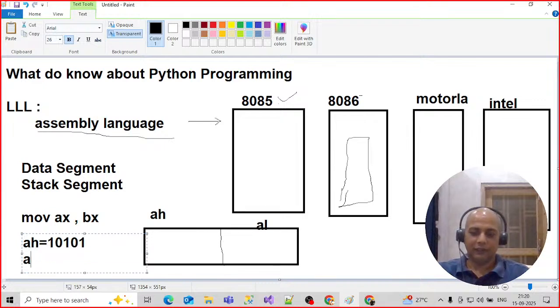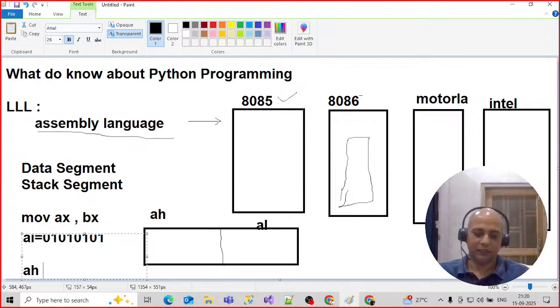AL equal to something like 010101. It could be any number or a string value, whatever. And then we used to perform some operation, or sometimes we used to perform AH XOR AL.